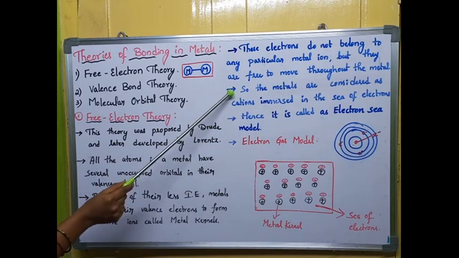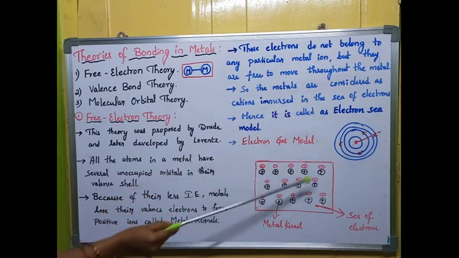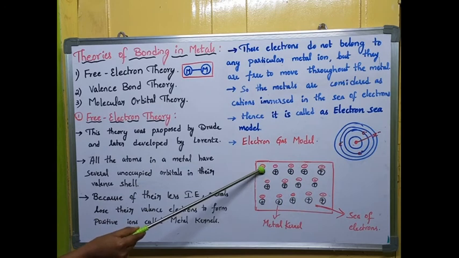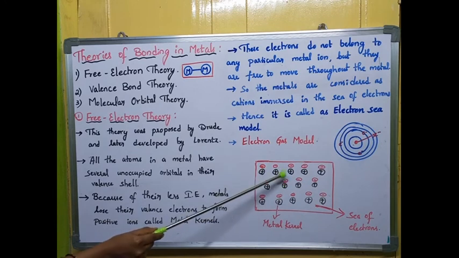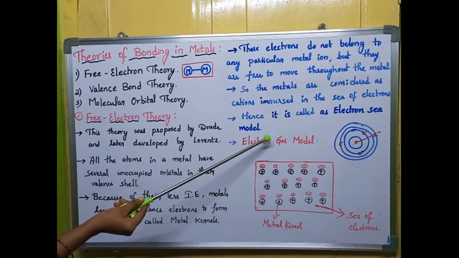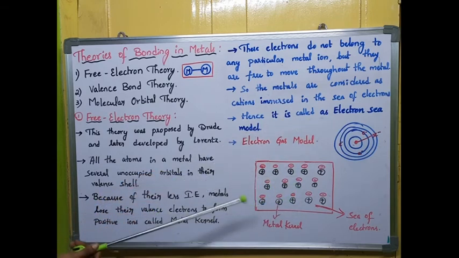So the metals are considered as cations immersed in a sea of electrons. If you observe the diagram, the cations are immersed in the sea of electrons. Hence this is called the electron sea model.